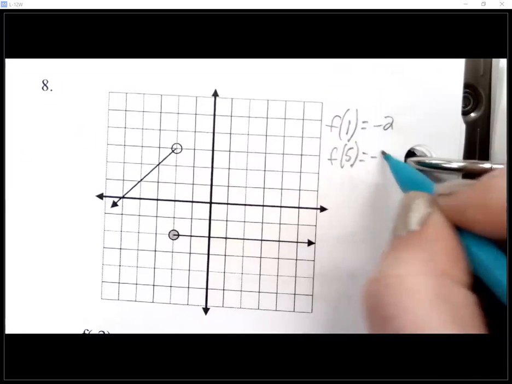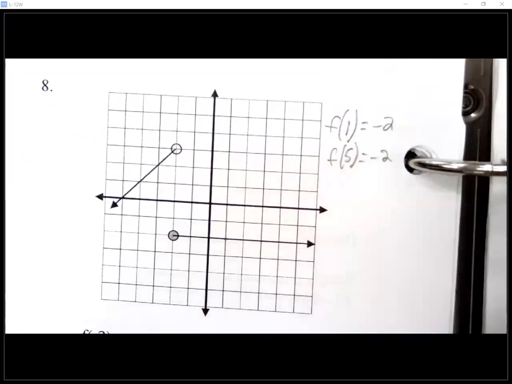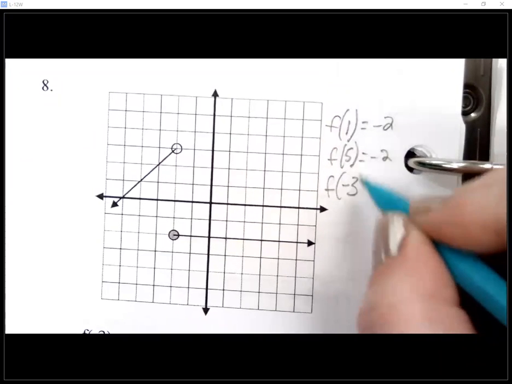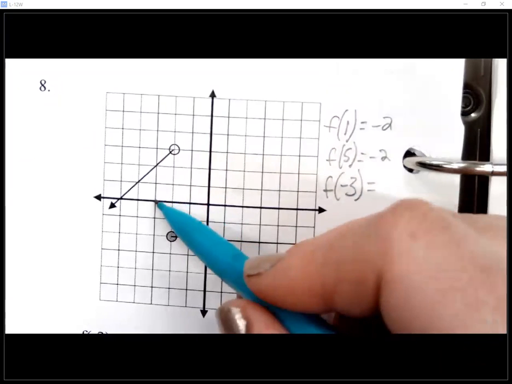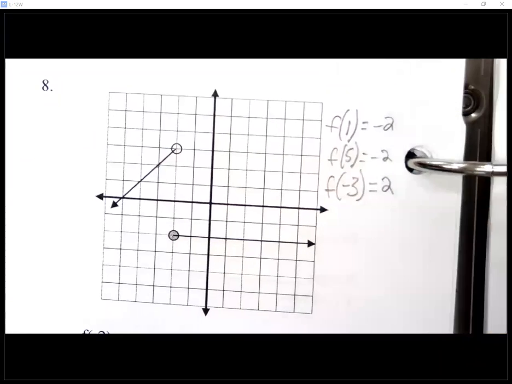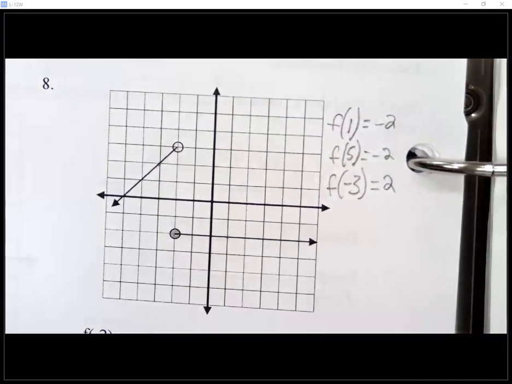Because every value along this is just going to be -2. All right, what would f of -3 be? 2, I'm hearing. Go to -3, and the graph exists at +2. Is this all right? Let's do the weird one, f of -2.